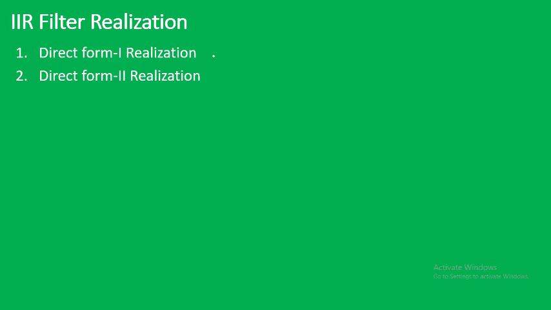As we know, an IIR filter can be realized in two ways: direct form 1 realization and direct form 2 realization.